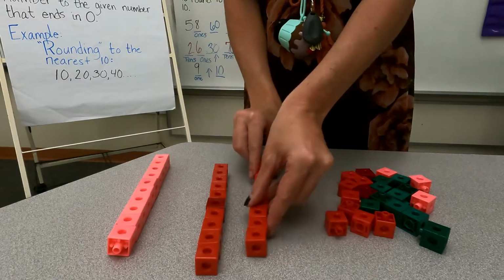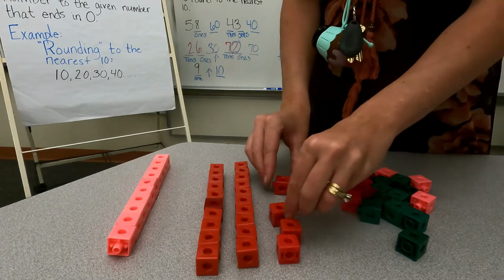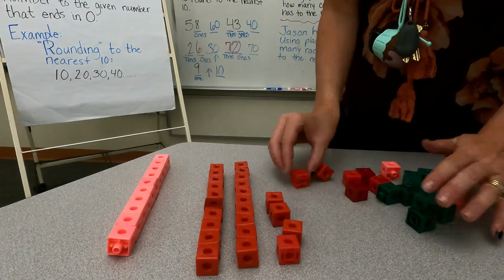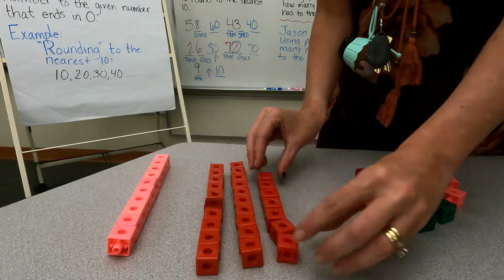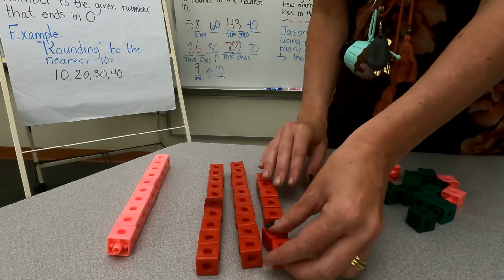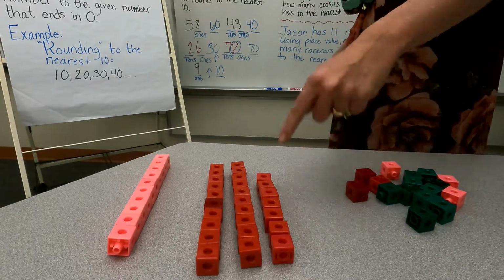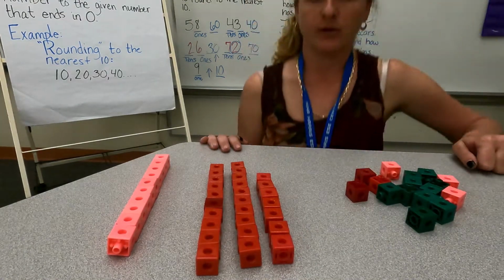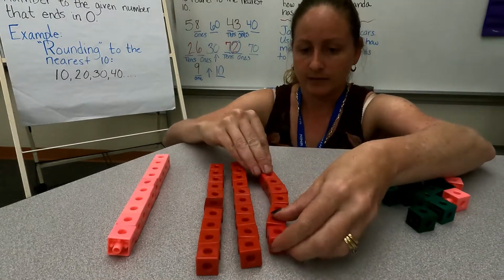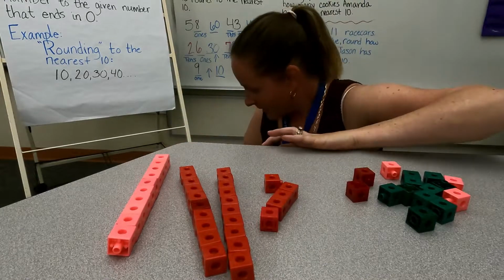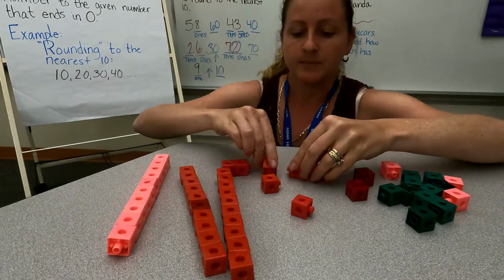So they have 10, 20, 1, 2, 3, 4, 5, 6, 7. And because when I counted these, I have 7 in my ones place, I know that 7 is greater than 5, so we're going to round up. So to round to the nearest 10 for the number 27, we are going to add 3 to get 30.